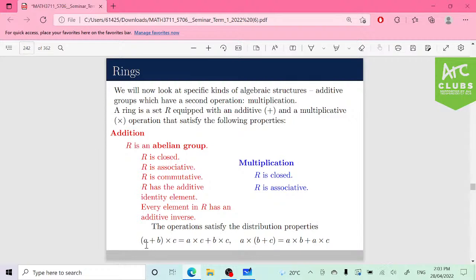If you take two elements, add them together and multiply by some other element, it's the same thing as A times C plus B times C. Similarly, if you do the multiplication first, it's A times B plus A times C. These axioms are enough to define a new algebraic structure that has two operations.